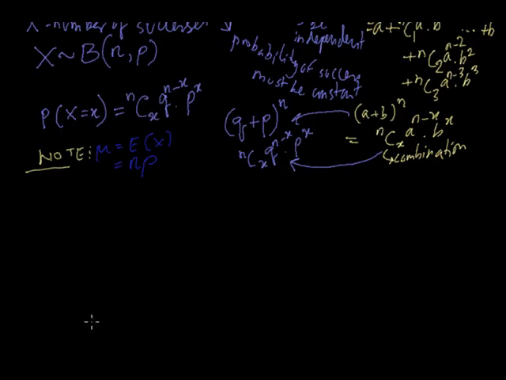That percentage is the expected value. And the variance, which is the standard deviation squared, is npq. Of course, q means 1 minus p. So npq is the variance.